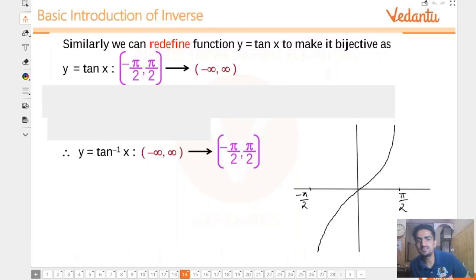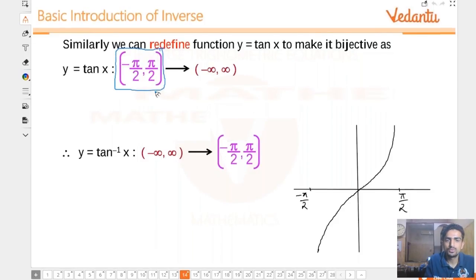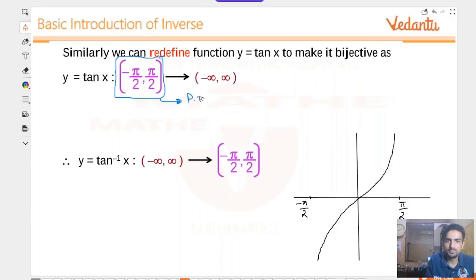Okay, guys. Next is tan inverse. Now, as I clearly mentioned, this is very important. So this is the principal domain of tan x. You need to remember that.